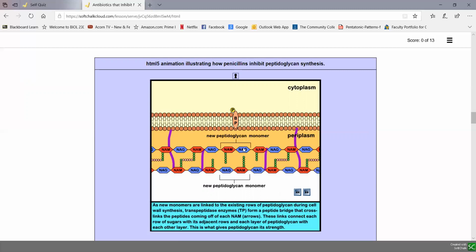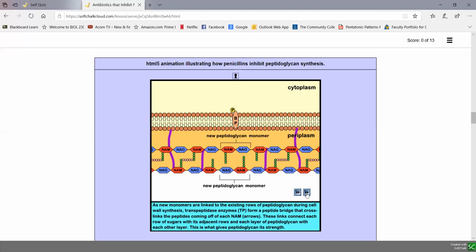So once the monomers are inserted, and once transglycosylase hooks them into the row, which has already occurred here, then transpeptidase is going to connect the peptides coming off of one NAM with the peptides coming off another NAM to form the peptide cross-link that gives the wall its chain link fence appearance and makes the wall really strong. And during the process, one of the amino acids comes off and provides energy.